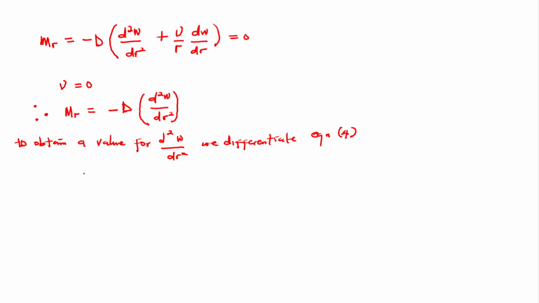So differentiating equation 4, we obtain D. I advise before you differentiate equation 4, you divide through by R so that you eliminate that R in front. dW over this R square, we have 3 equals 3Q R square over 16D plus A over 2.